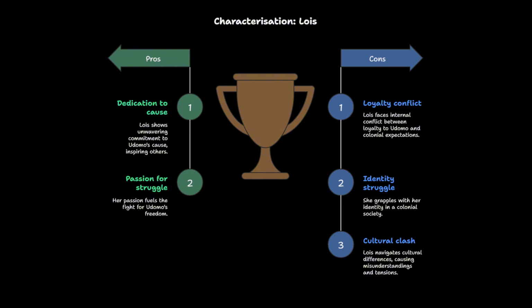Lastly, Lois may be seen to represent the polarization, which is the separation that can occur between black people and white people should relations be severed, as seen in his town's refusal to forgive Udomo, which I believe is justified, though you can't blame the girl.